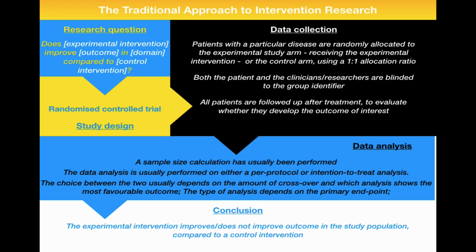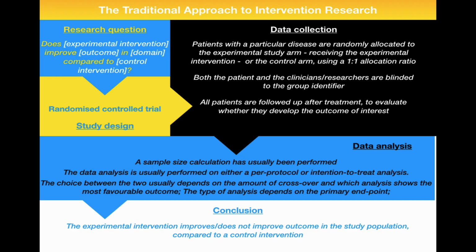Now, in the conclusion, researchers state that the experimental intervention improves or does not improve outcome in the study population compared to a control intervention. And note that this implies a cause and effect relationship. And this is one of the only study designs where you can actually demonstrate that with certainty.